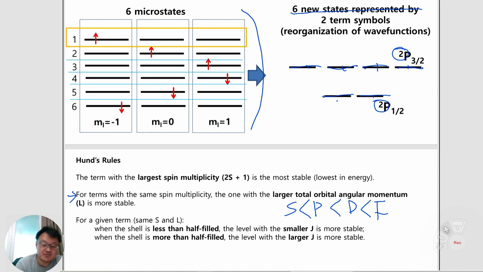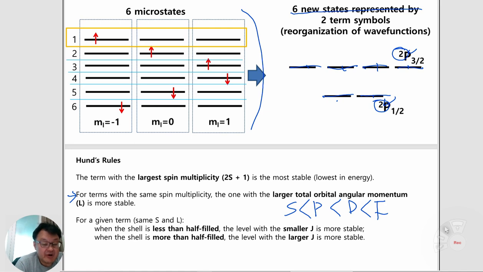So F should be more stable than D, which should be more stable than P, which should be more stable than S. But in this case, again, both are P here. This is P, so we cannot even determine which one is more stable based on the second rule. So now we have to go to the third rule.